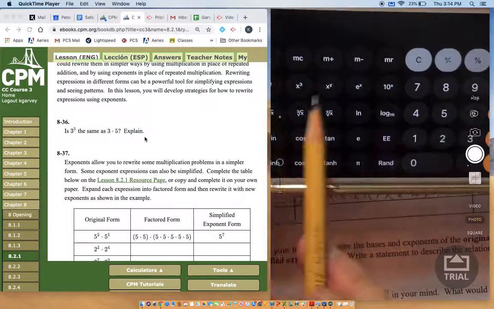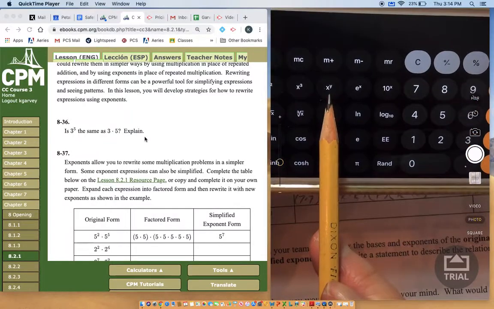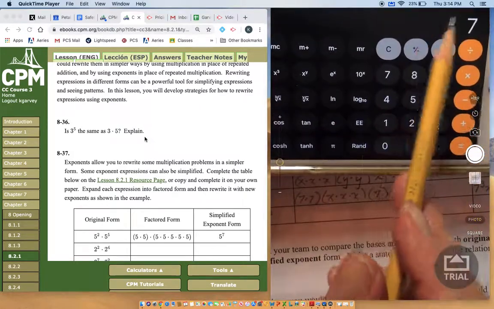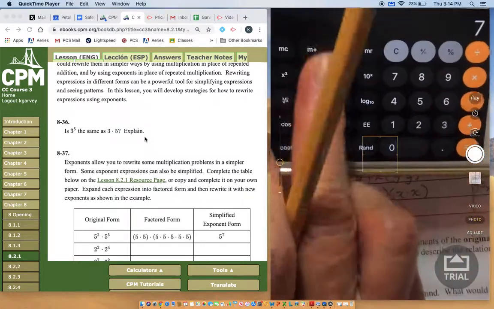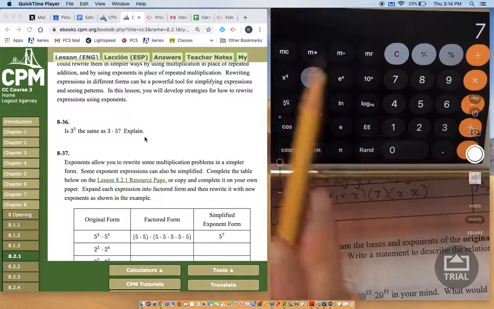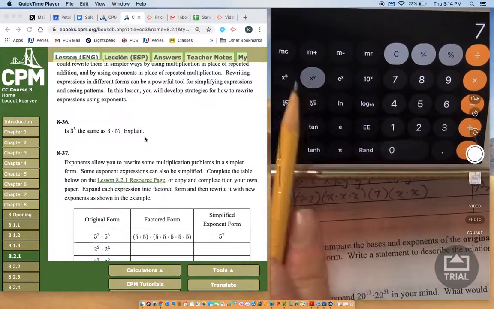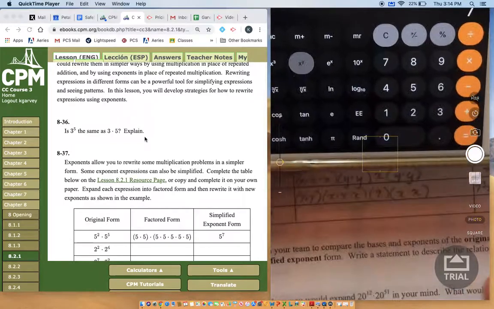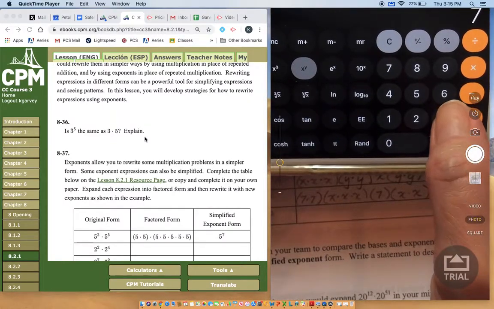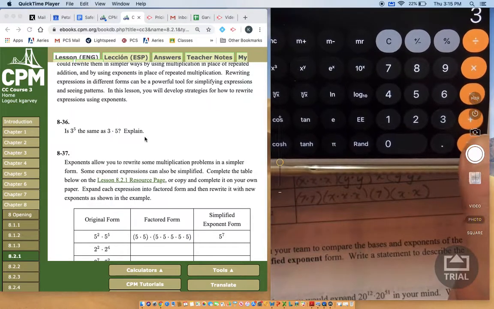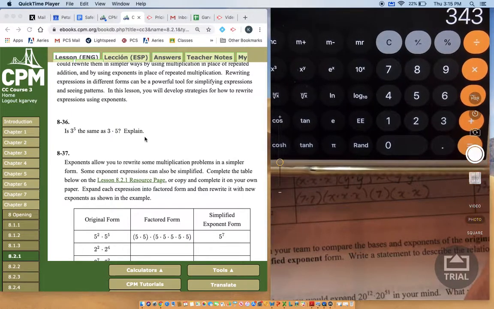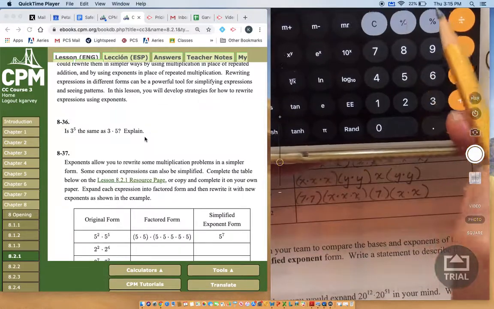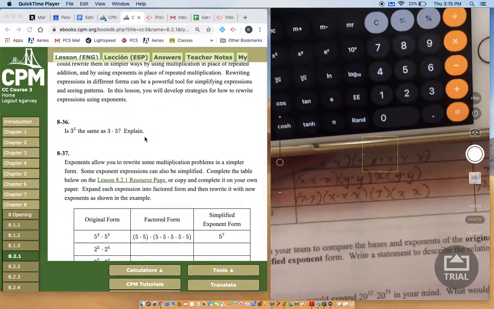I'm using this function on the calculator, which is x to the y power. So I've entered in the x already, and now I choose that function. You'll notice it turns a light gray color, and now I can put in what the y is. And in this case, the y is 3. So when I say equals, I get what 7 to the 3rd power is, and that's 343.